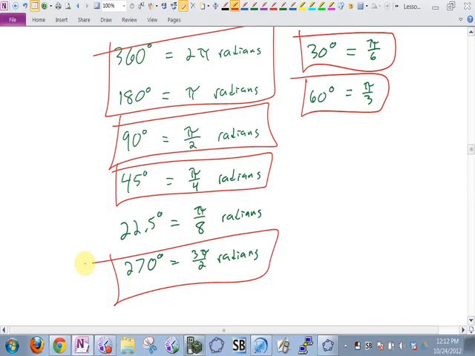You're going to have them all memorized. That's all I do. All I do is I memorize the first quadrant, quadrant 1. I memorize 30, 45, and 60, and then the rest I just figure out based on that.